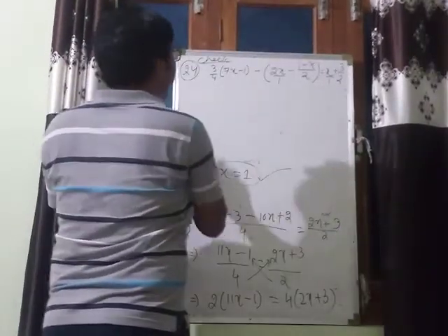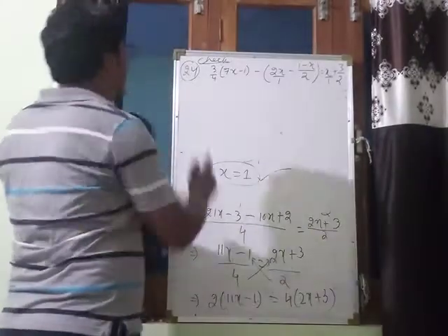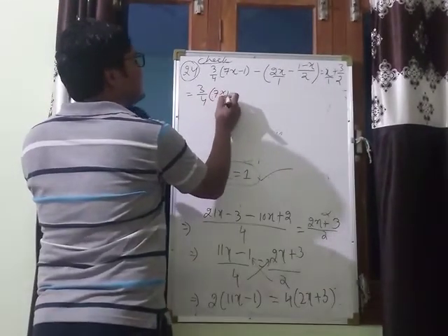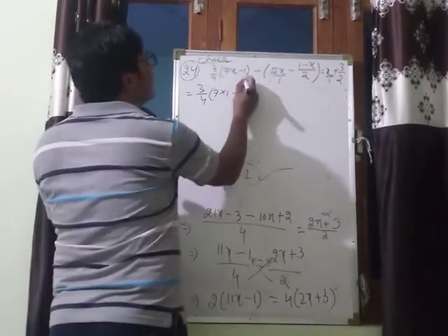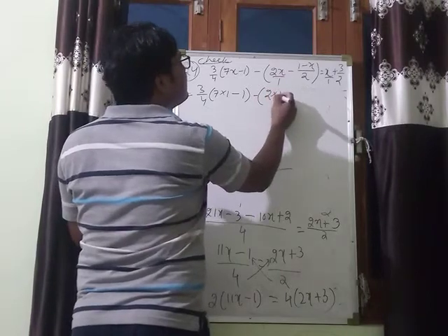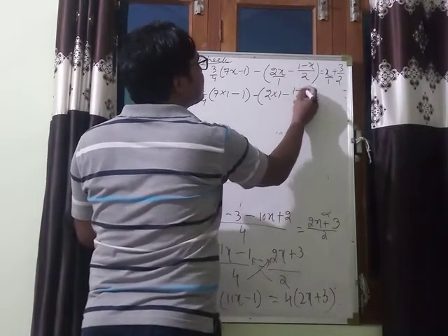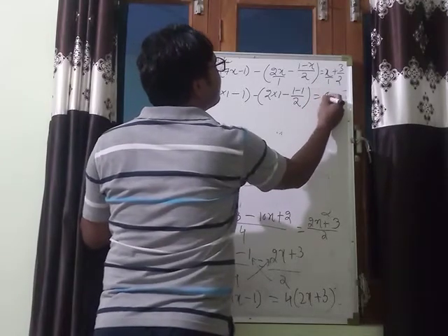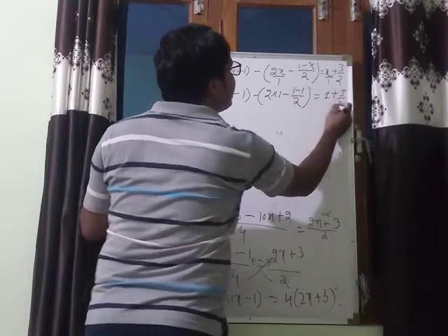So what do we have? We have 3 by 4, this is 7x, x is 1, minus 1, minus this is 2 into x, x is 1, minus (1 minus x, x is 1) upon 2, that is equal to x, x is 1, plus 3 by 2.